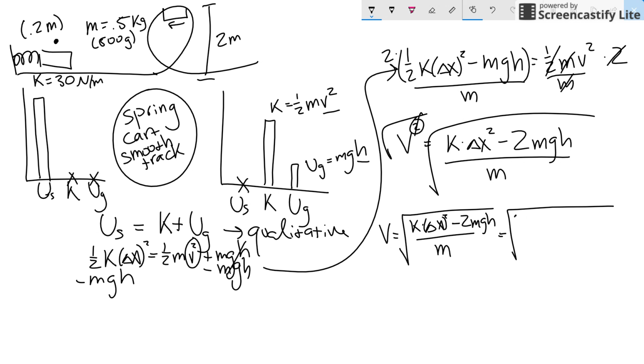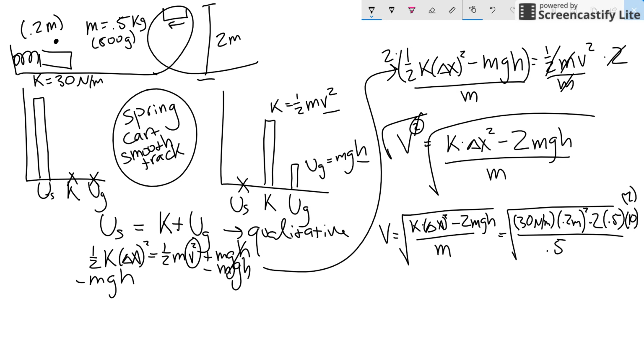Square root of 30 newtons per meter times delta x, which was 0.2 meters squared, minus 2 times 0.5 times 10 for gravity, times 2 for our height, and divide that by 0.5. Give me a minute, I will calculate that.